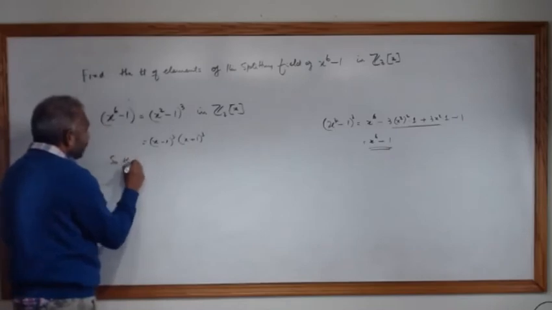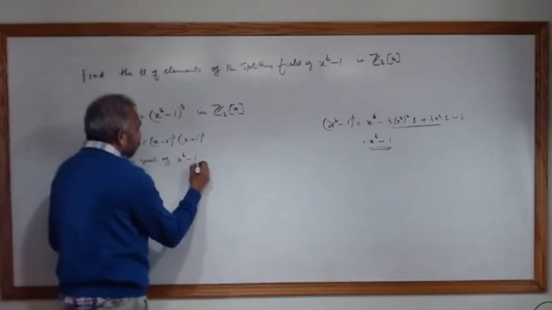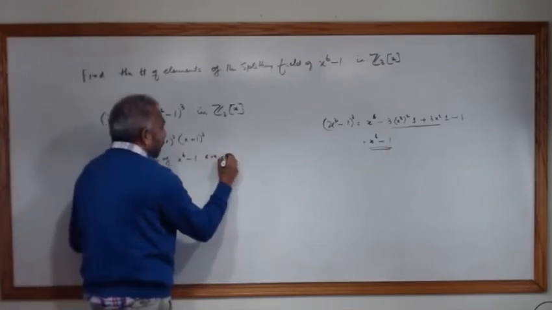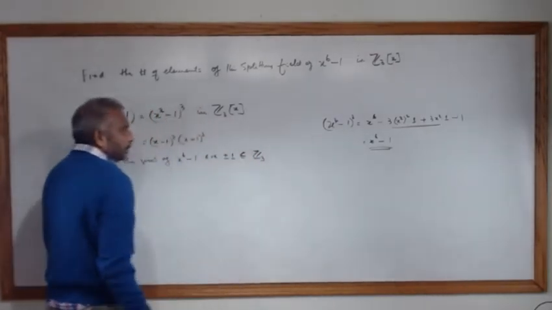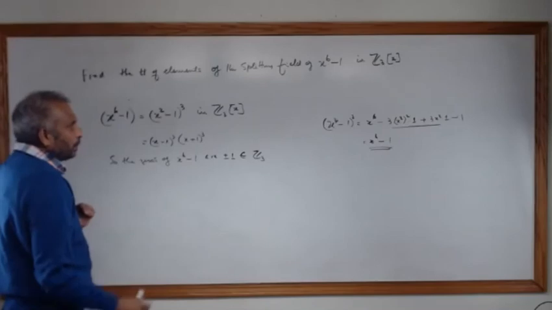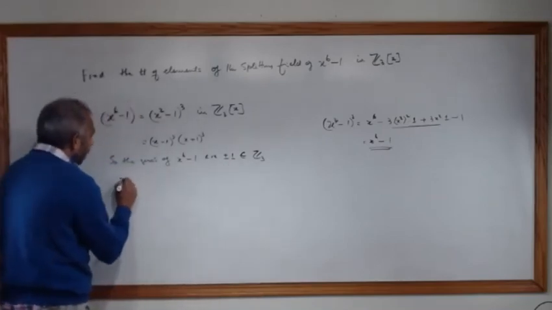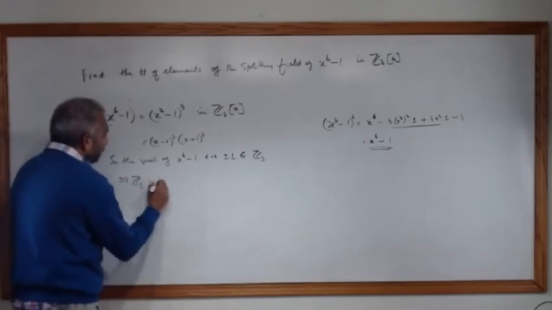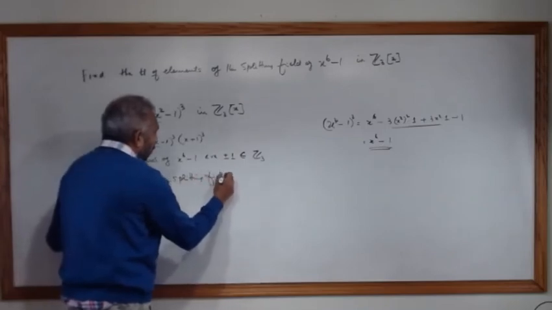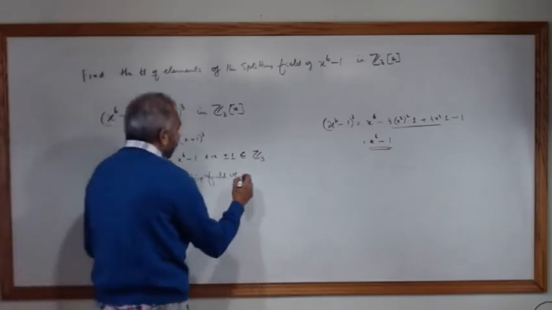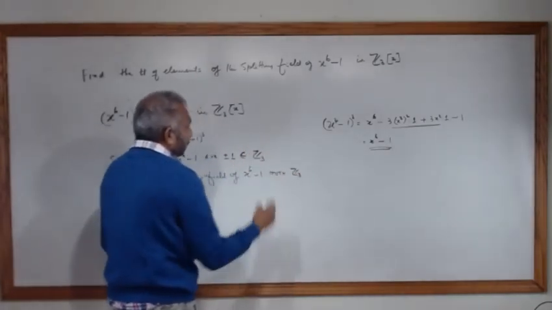So the zeros of x to the power of 6 minus 1 are plus or minus 1. And both belong to Z3, because minus 1 is 2. So that implies Z3 is the splitting field of x to the power of 6 minus 1 over Z3.